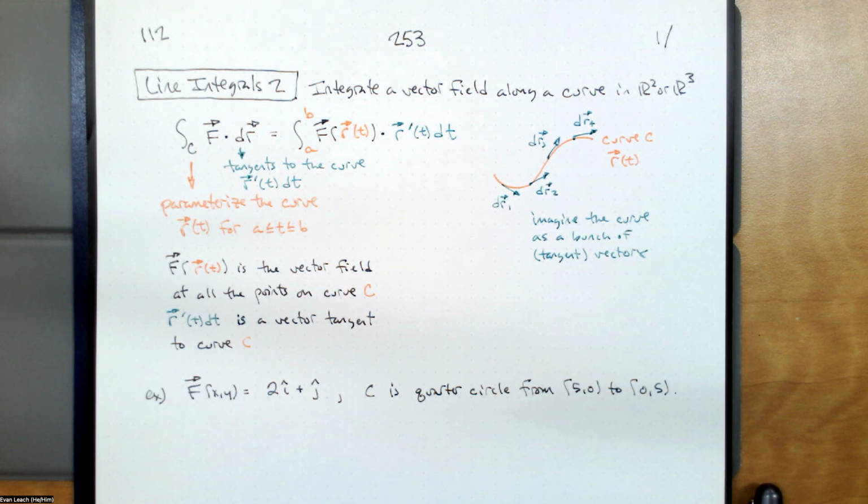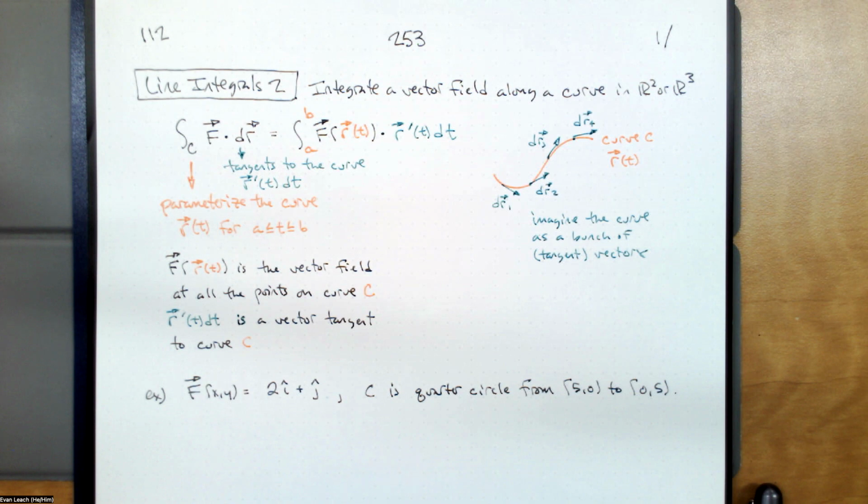I've got to give you a vector field, and I've got to give you a path. So here's our vector field, 2i plus j. In this case, our vector field is not going to be continuously variable. We have a constant vector field. And we're going to calculate the line integral, where C is the quarter circle from (5, 0) to (0, 5).